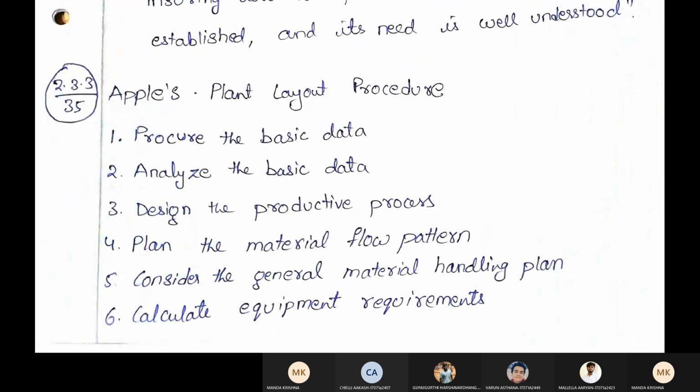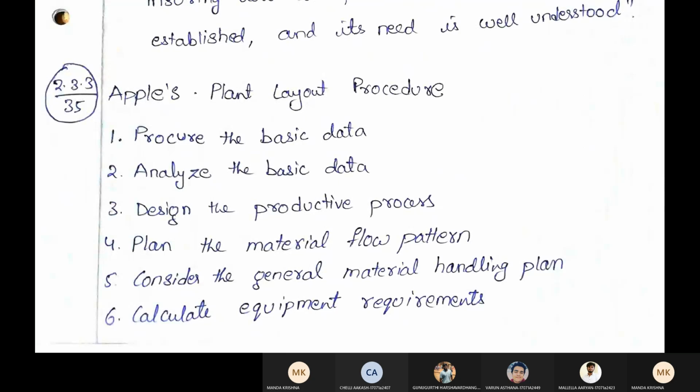We have seen 2, and this is the third one. Apple's plant layout procedure. Here we have to procure the basic data to identify the problem or to frame the problem. Next, analyzing the basic data, whatever is given.